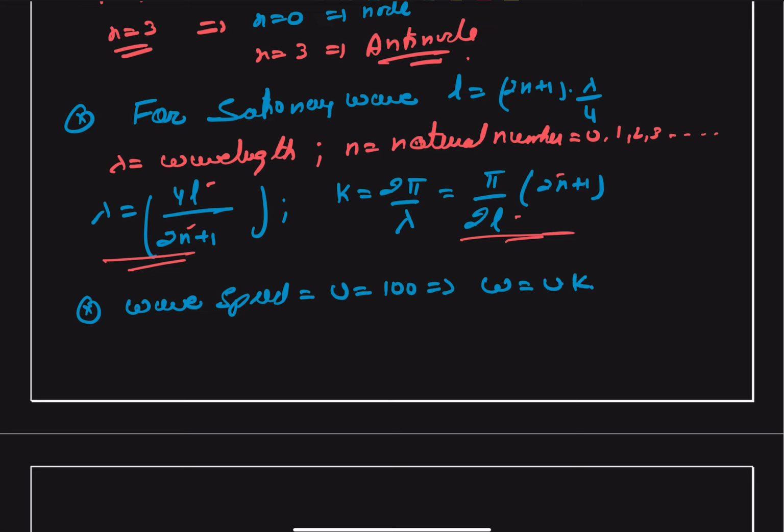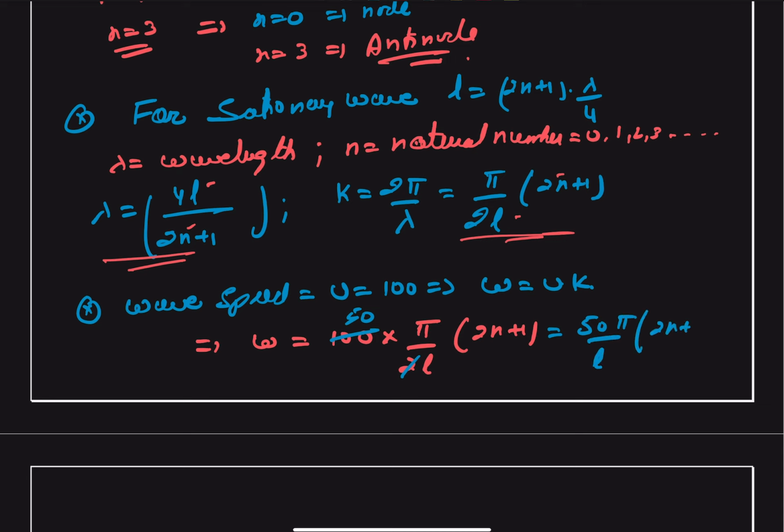So from here, omega is equal to 100 times k. The value of k is pi by 2L times (2n plus 1). We can simplify it. This comes as 50, so we get our angular frequency is 50 pi upon L times (2n plus 1).